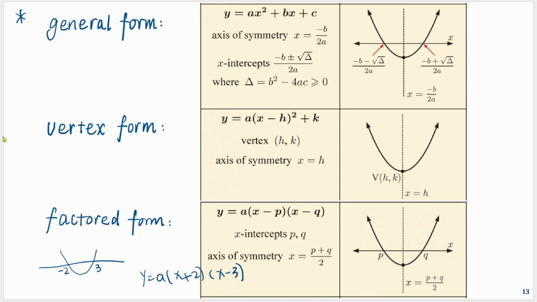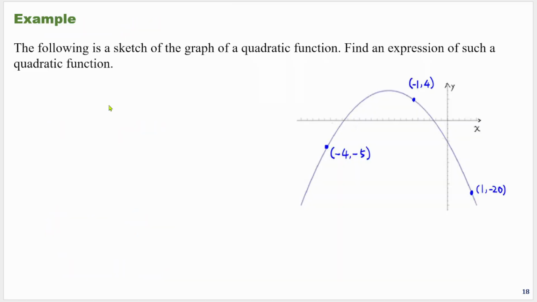So let's get back to this question. In this question, we don't know anything about the vertex or the zeros, right? So the only choice is to use the general form. We can let y equals ax squared plus bx plus c be the desired function, right?